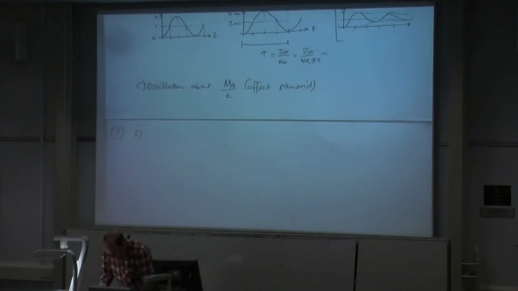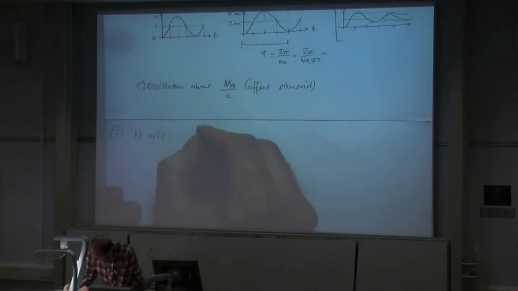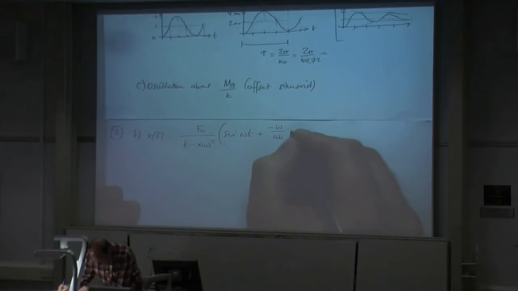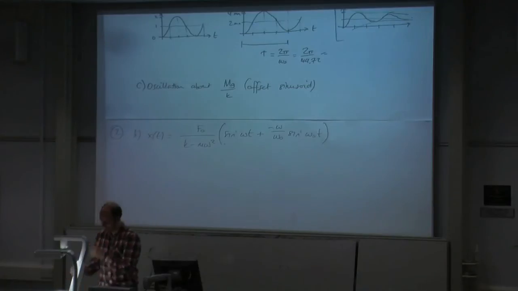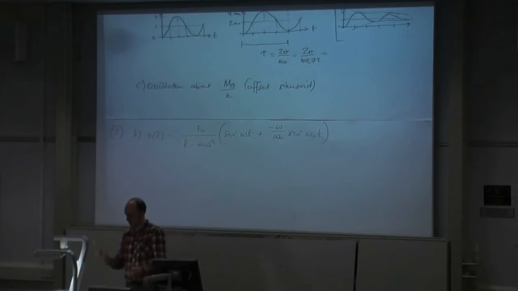Part B, we've got the solution. x(t) is F0 upon k minus m omega squared, times sine omega t plus minus omega over omega naught sine omega naught t. Or that obviously could equally be just a minus omega over omega naught. It's up to you.